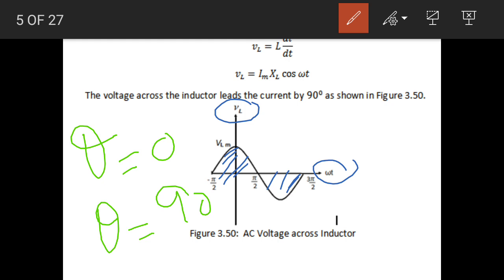So you see in this waveform that the voltage across the inductor leads the current by 90 degree. So we can find out the voltage across the inductor with the help of this equation. We will use this equation in numerical problems to find out the AC voltage across the inductor.